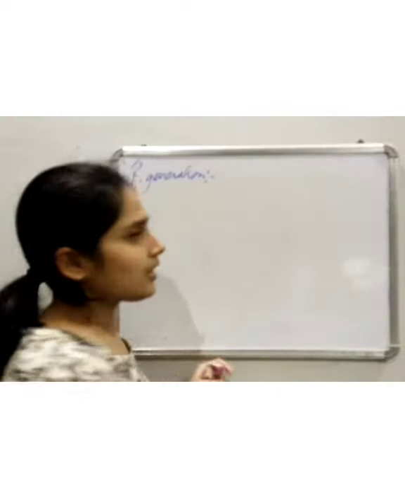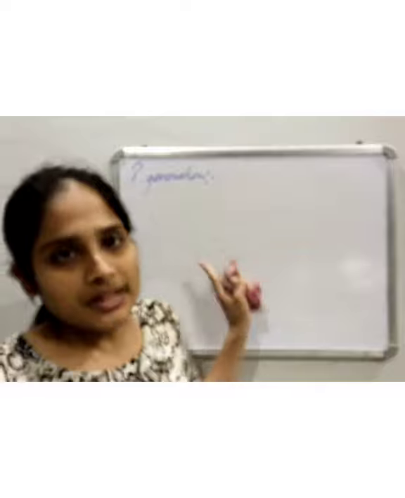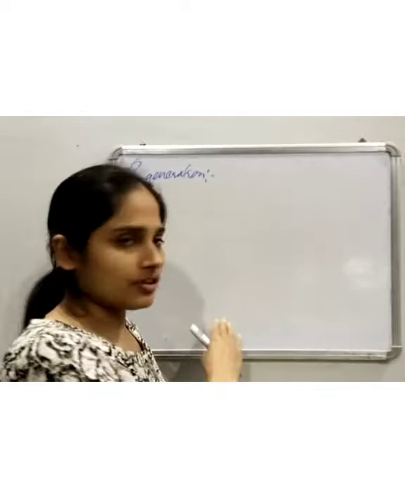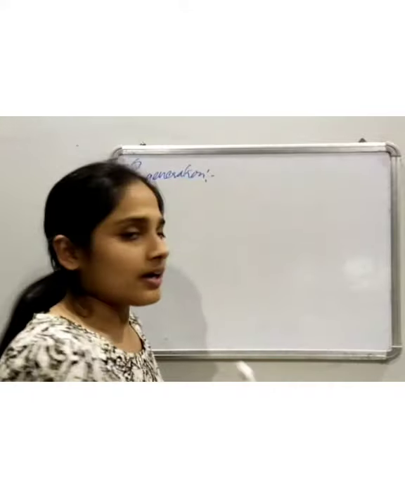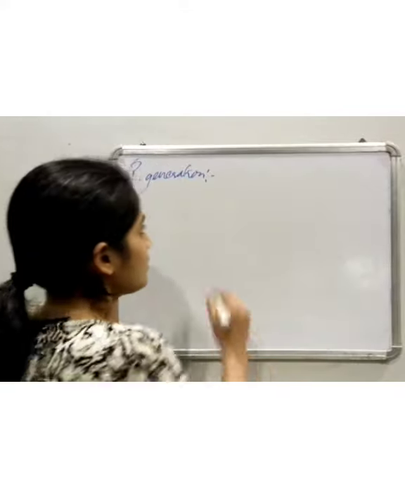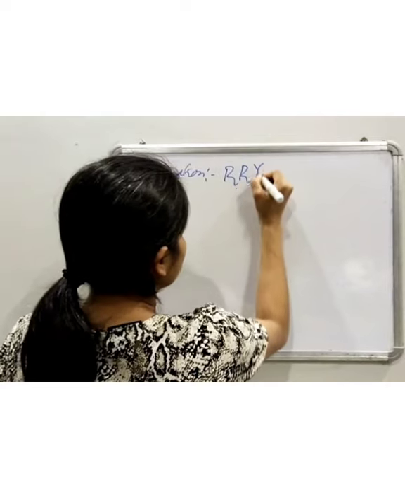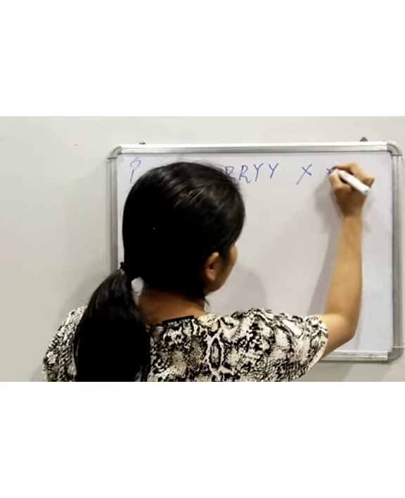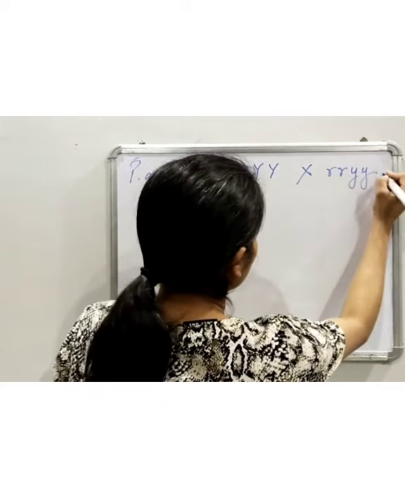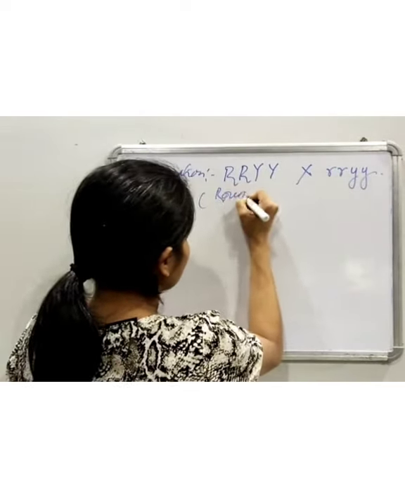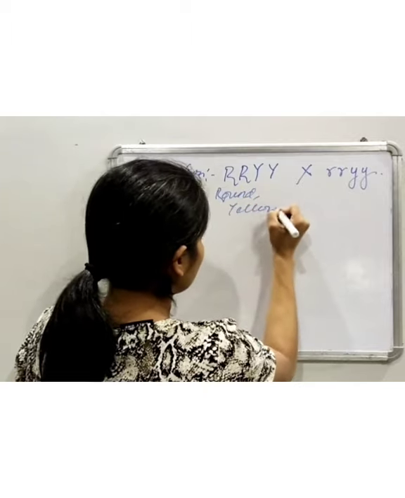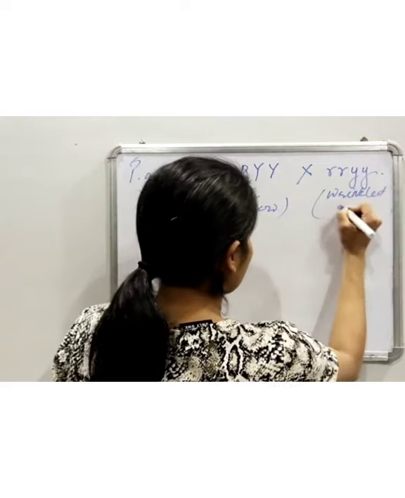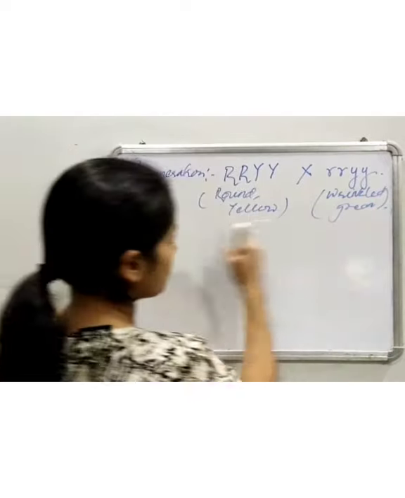In the P generation, he crossed a completely dominant plant, where both features were dominant, to a completely recessive one. So this was the genotype of the parental generation: round and yellow, and wrinkled and green.